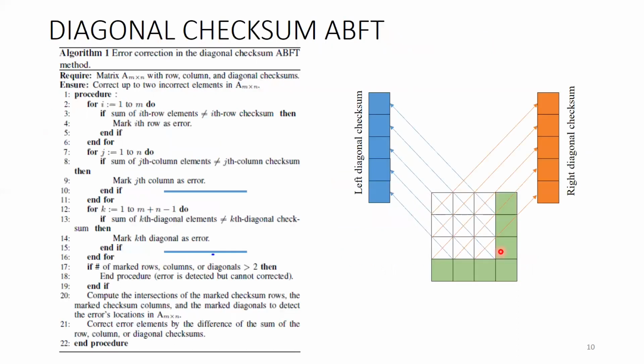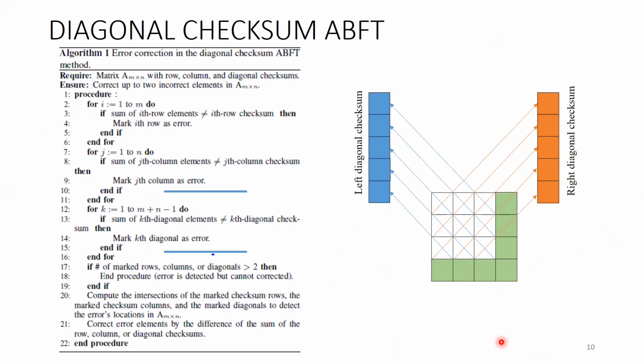This figure shows the diagonal checksum ABFT. Similar to ordinary ABFT, the diagonal checksum ABFT also adds the column checksum and the row checksum. In addition, diagonal checksum ABFT adds two additional diagonal checksums.